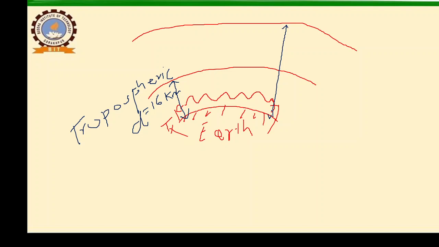If we move further into space, at around 50 to 400 kilometers distance, we find another layer. That layer is the ionization layer, also known as the ionospheric layer.